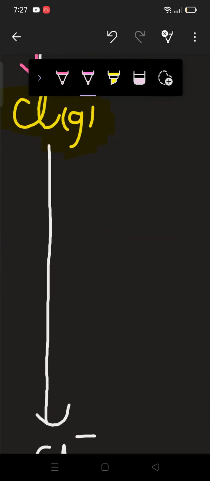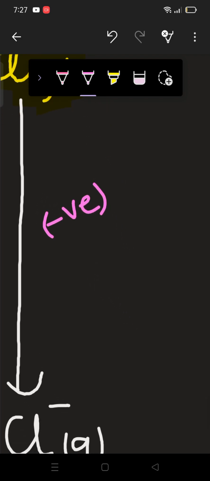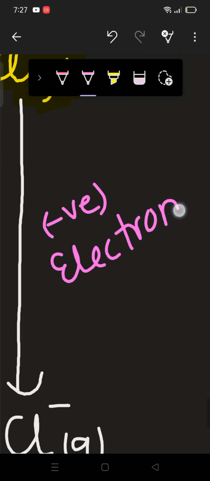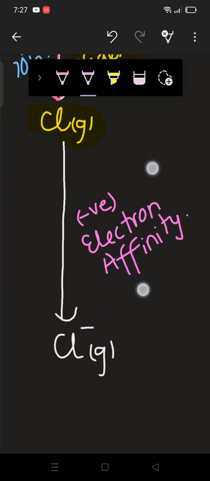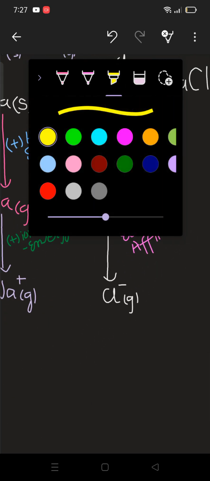So that would of course be negative since that is released, and this is what we call the electron affinity.